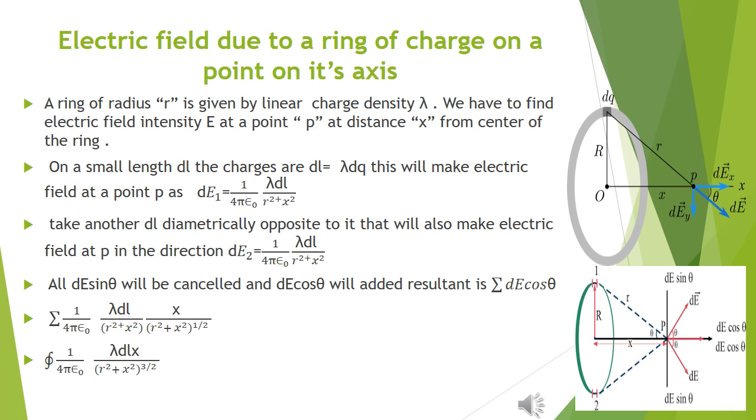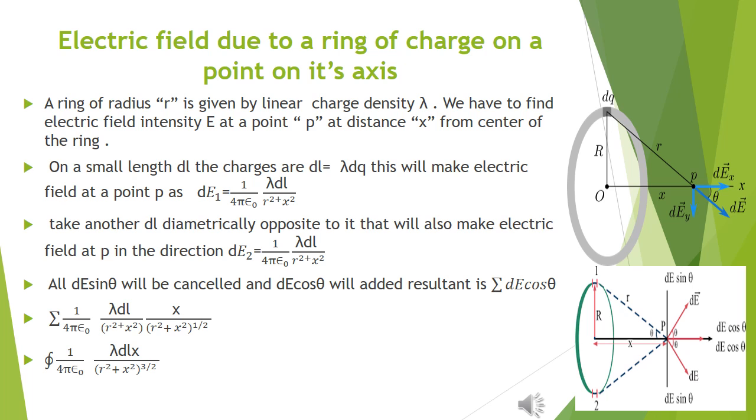Same for dE2. When we take 2 points diametrically opposite, the dE sin theta for both electric fields will be cancelled out and we get a resultant electric field which is dE cos theta in the direction of the axis.